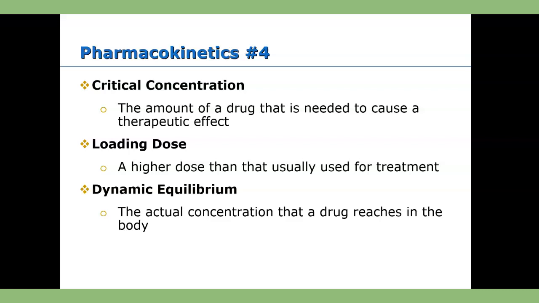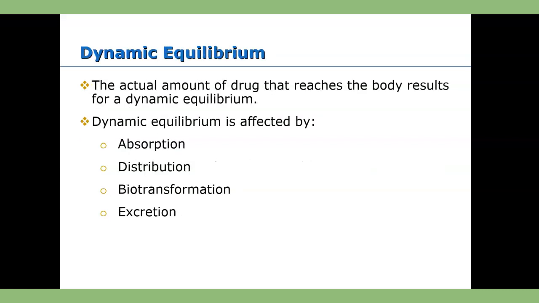And then the dynamic equilibrium: how much of the drug actually reaches the body. There are many factors. It could be the way it's absorbed, how you're taking it, by mouth versus IM. A lot of things are going to happen before it really gets into your system to reach its therapeutic effect. How is it distributed?